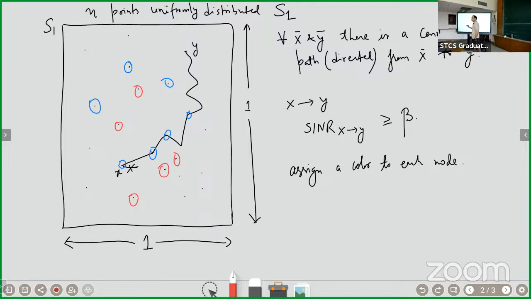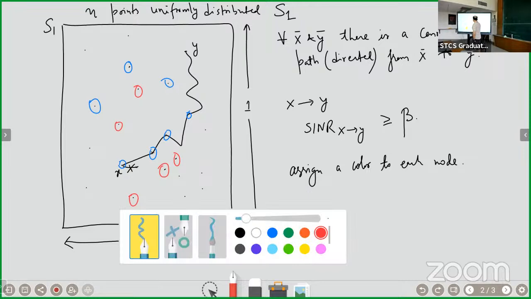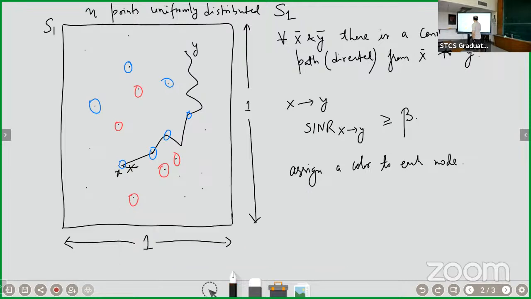So when I'm in a blue node, then I check connectivity to any other node. And define it. You jump into the analysis. So suppose these are red.